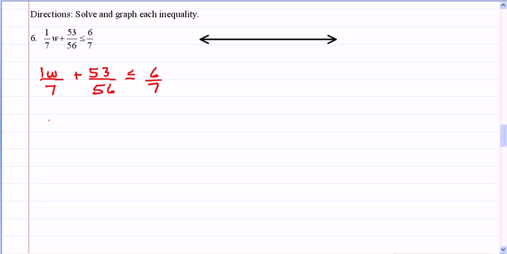So if I take my denominators, starting with 7, I know that 7 multiplies by 8 to give me 56, so that's good to know because then I'm not going to list the multiples of 56. I'm just going to continue my list until I get to 56.